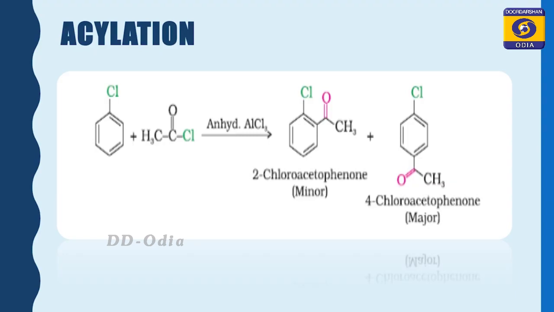And as it is seen from the diagram, the acylium ion thus formed is a resonance stabilized structure. So, the formation of this is a favorable process, and in the second step the attack of this electrophile on the chlorobenzene molecule takes place, which you may see from the blackboard.